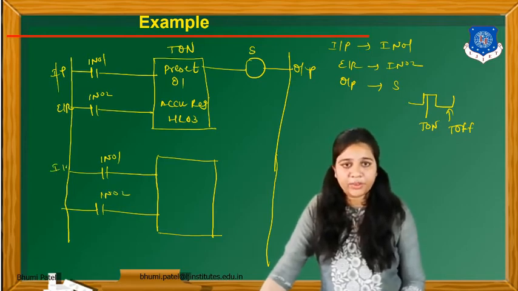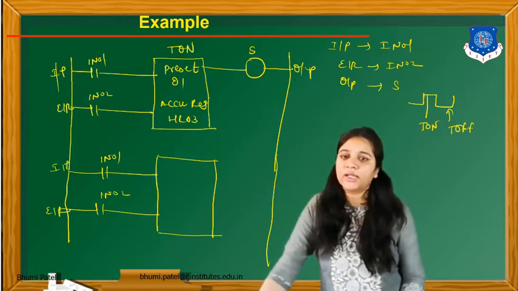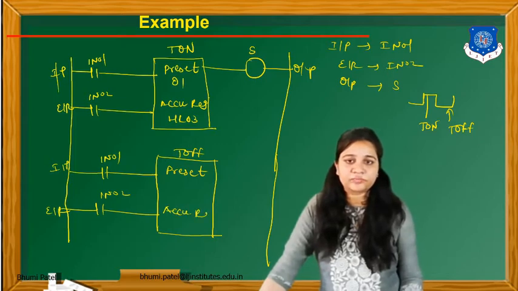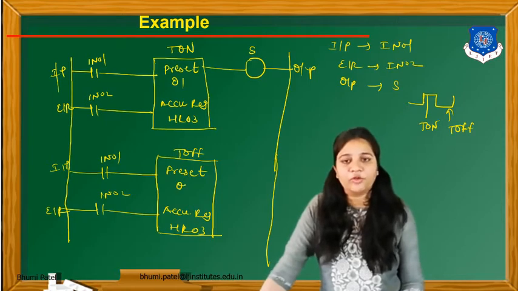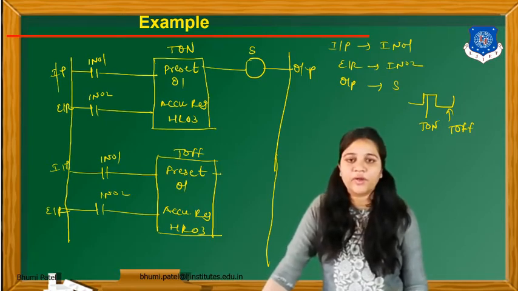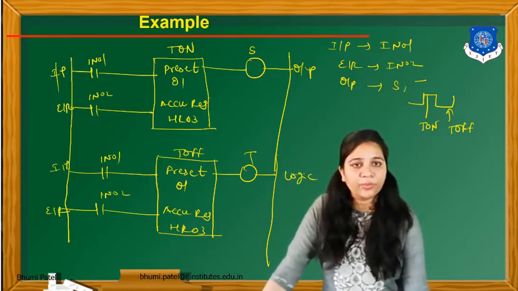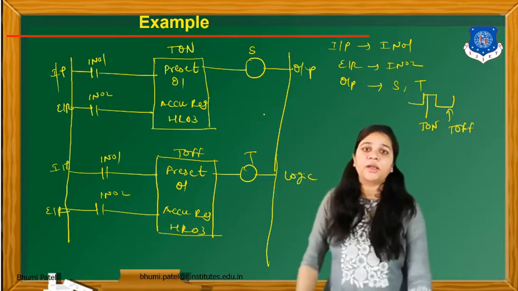Here we have to use T off, then reset, and the accumulator register is the same as above. The preset value for the T off is again 1. This is my logic for the timer, and we have to take 2 outputs for T and S.